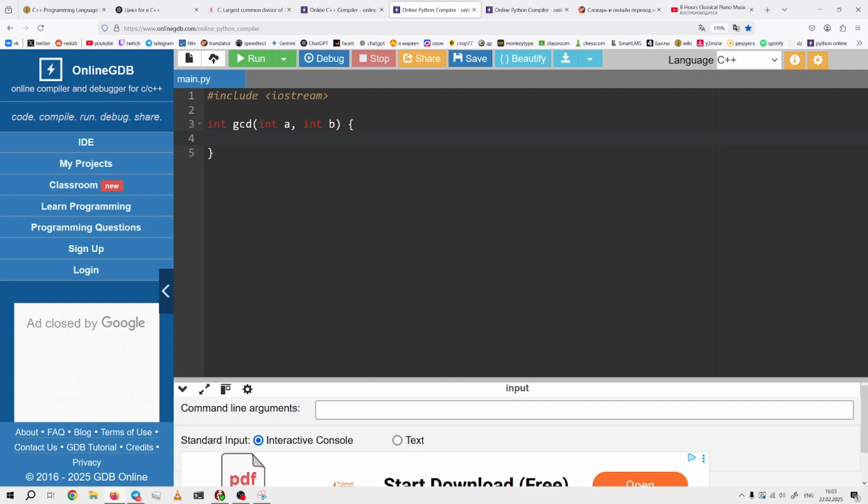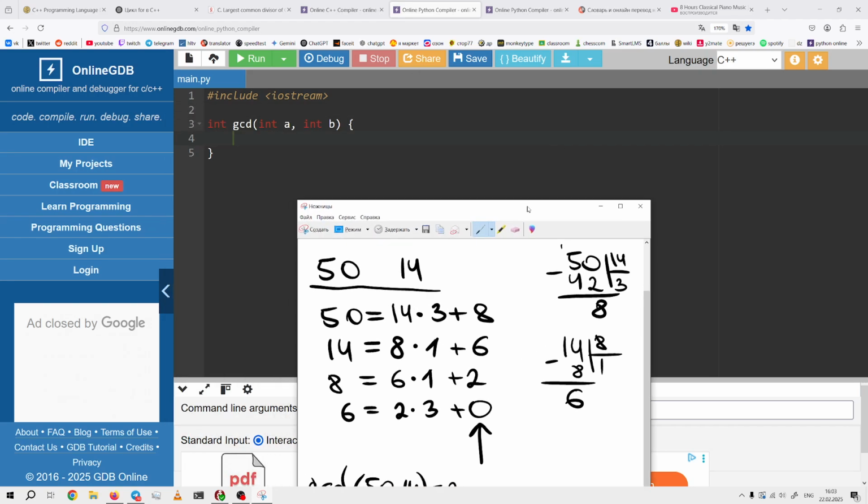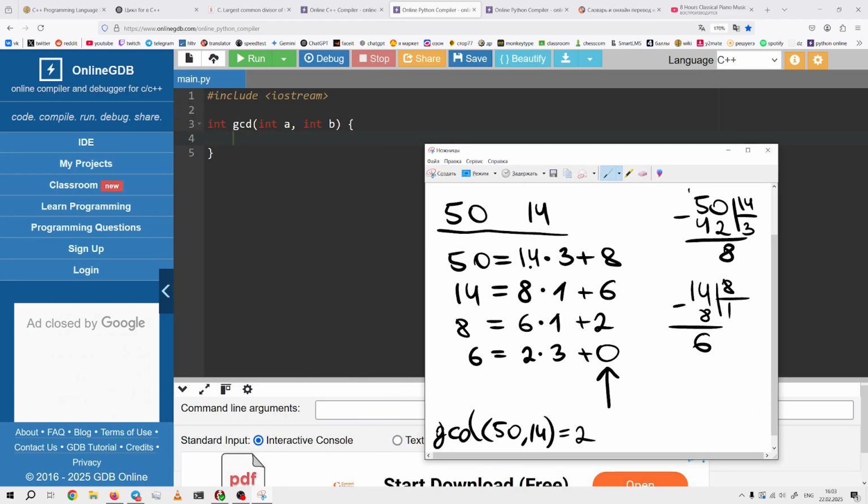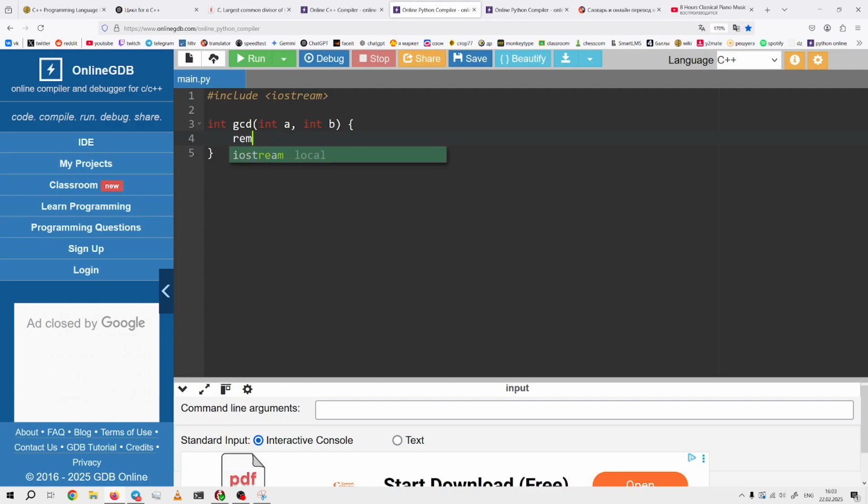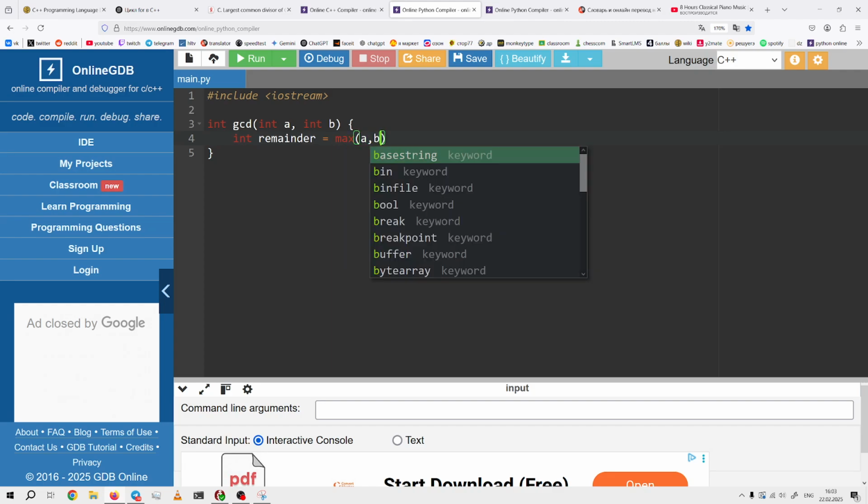Now, according to our example, first of all, what do we need to do? The main thing is the remainder. So let me write int remainder is equal to what? The remainder is the maximum of these two values.